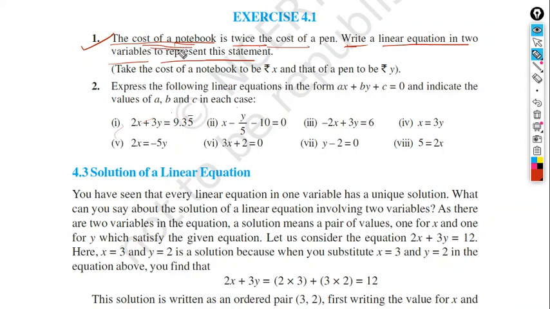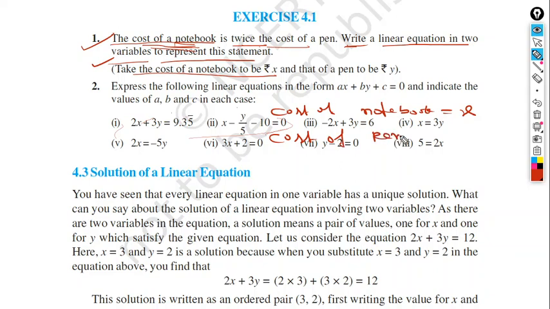So we can take the cost of the notebook. There is a hint here: the cost of the notebook is x. You just write it like this: cost of notebook equal to, suppose, x; cost of pen equal to y.